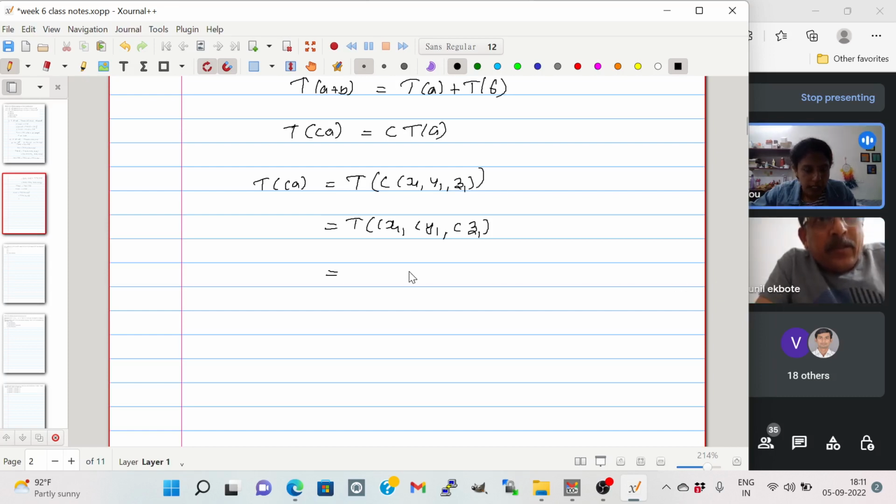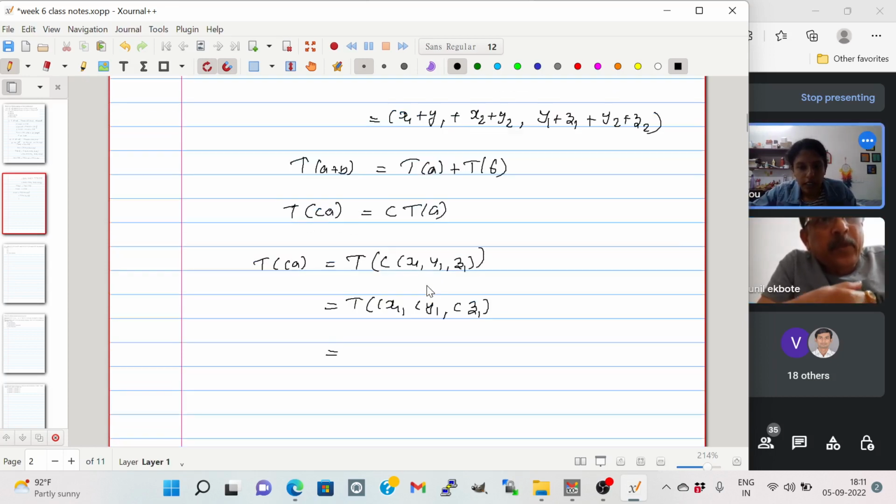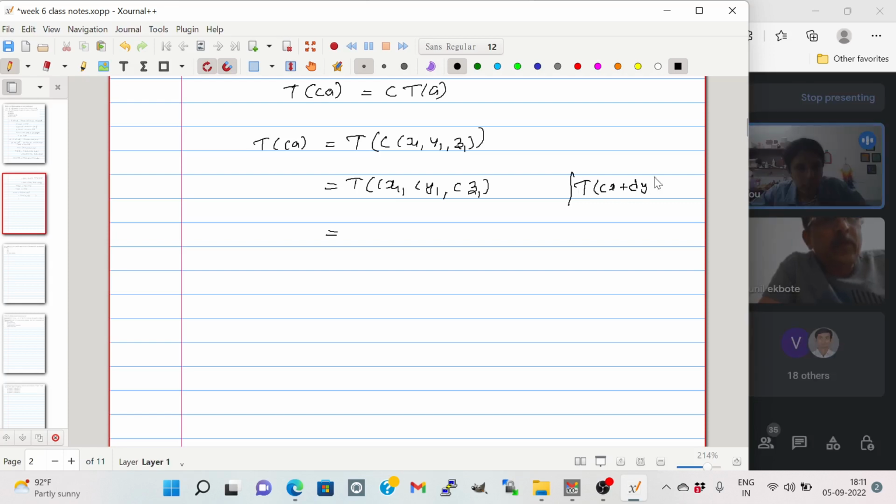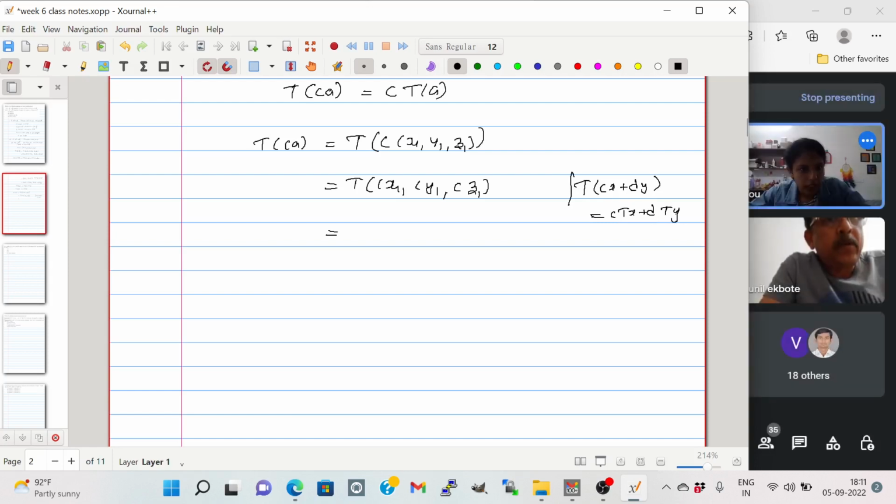Yeah, we need to check both the conditions here. Otherwise we can check like this: T of Cx plus dy equals C times Tx plus d times Ty.